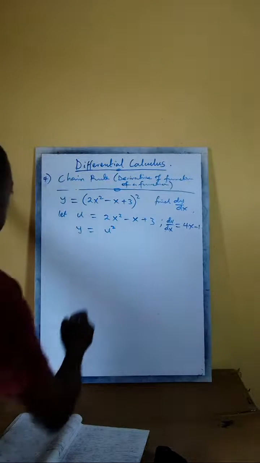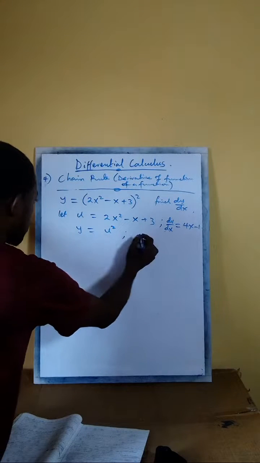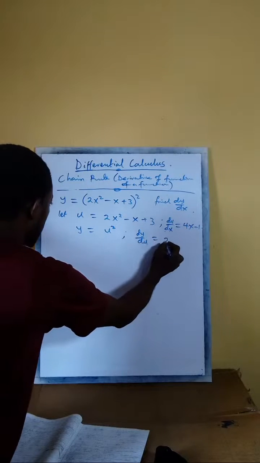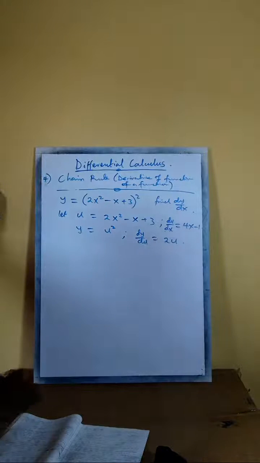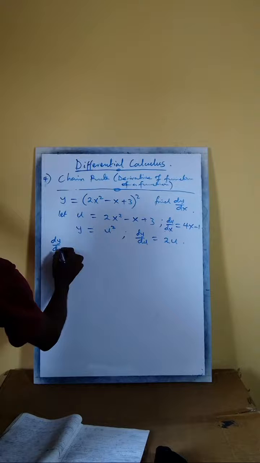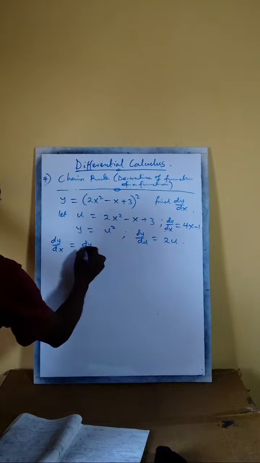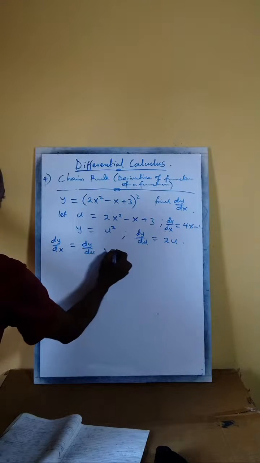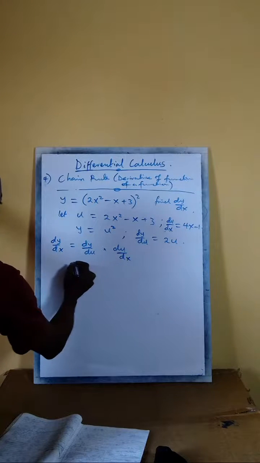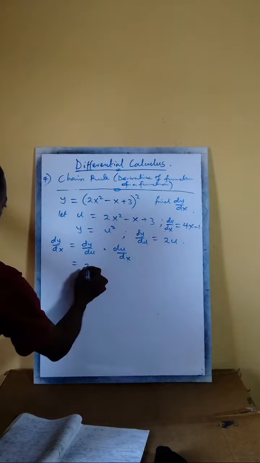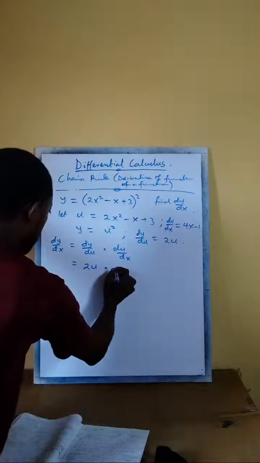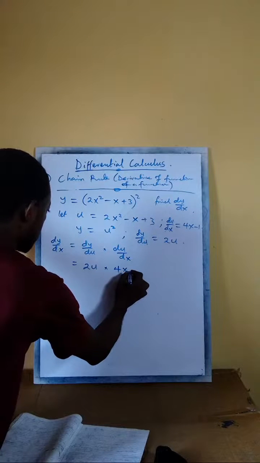Then also we differentiate y with respect to u. dy/du gives us 2u. Then from the formula, dy/dx will be equal to dy/du multiplied by du/dx. So what we have becomes dy/du, that's 2u, times du/dx, which is 4x minus 1.